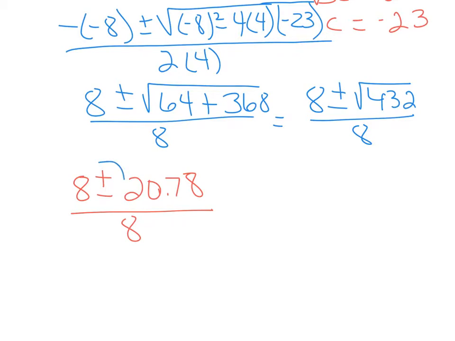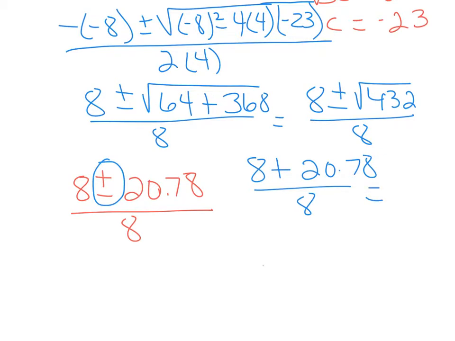And now this is the point where we need to separate this plus and minus, and we're going to turn this into 2 statements. One of them's plus, the other one's minus. So it will be 8 plus 20.78 over 8 and 8 minus 20.78 over 8. That's what this plus minus turns into.